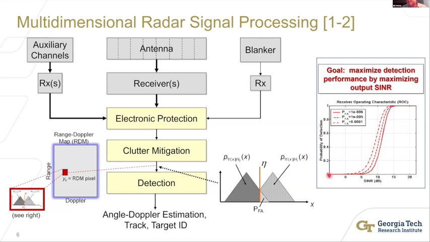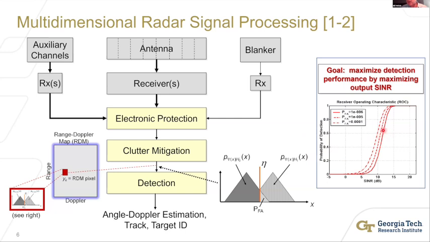Everything that I just described is rolled up in the receiver operating characteristic that I'm showing here. I'm plotting this as output signal to interference plus noise ratio, which is after integrating all of those voltages together. This is probability of detection on the y-axis for different probabilities of false alarm. It's typical in radar to accept usually one error in a million decisions.